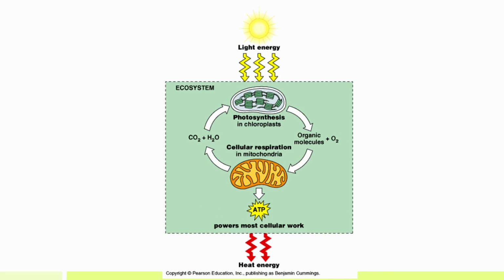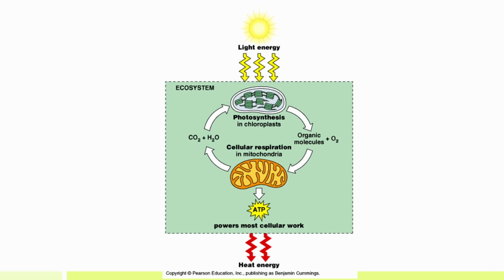So here's a basic overview of photosynthesis and cellular respiration. We have light energy from sunlight hitting an organelle in plants called a chloroplast. This is where we have the stuff that absorbs light in plants, and this helps initiate the process of photosynthesis. So we get light energy converted into chemical energy via photosynthesis.